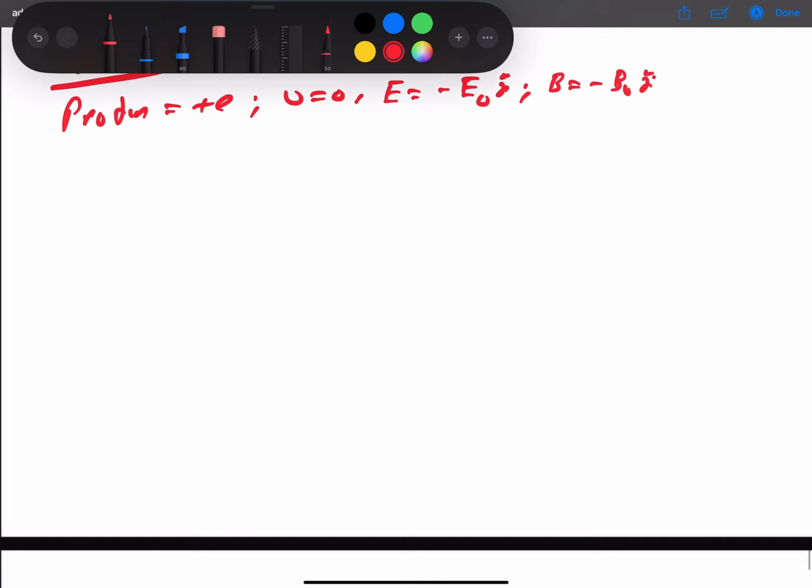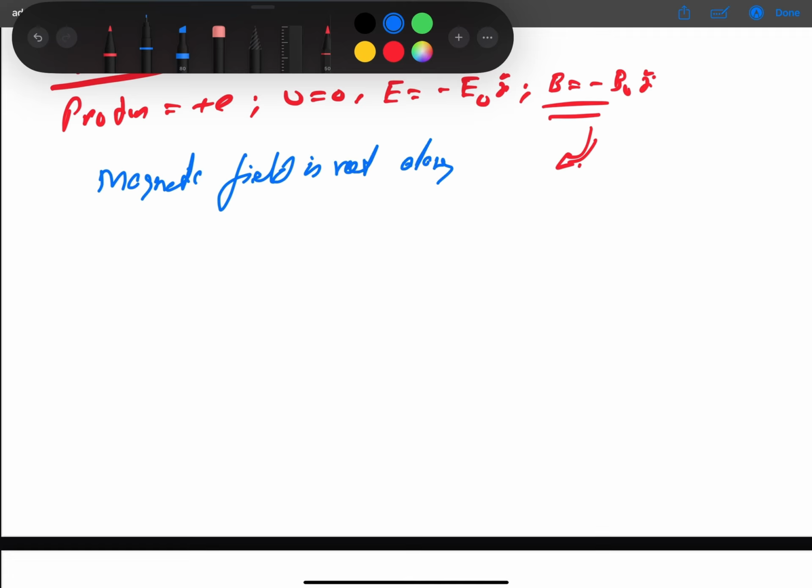Here also the magnetic field is not along z.